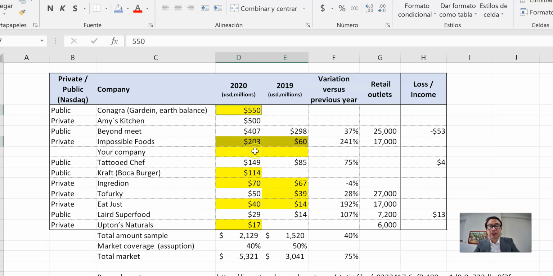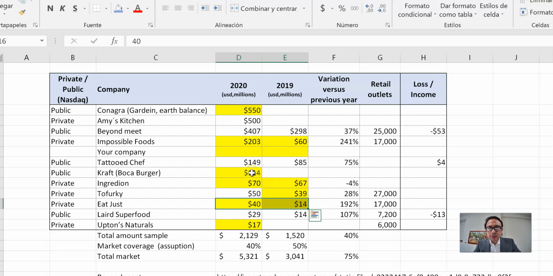In this example, the white cells are information that came from the financial reports, and the yellow ones are information that I made based on some research, from interviews or on the website.